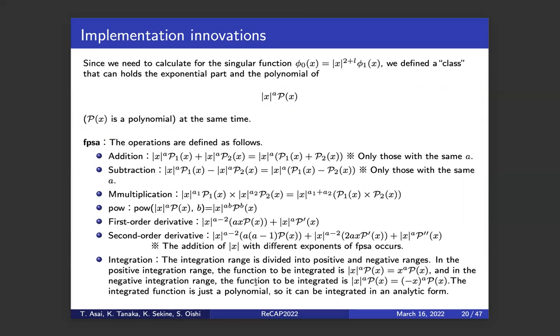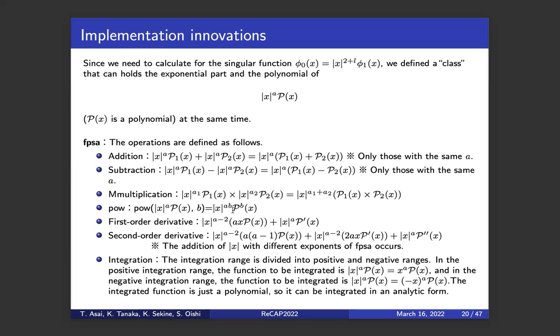Since we need to calculate for the singular function like phi 0, we define a class that can host the exponential part A and the polynomial part Px at the same time. And we named the class FPSA, and the operations are defined as follows.